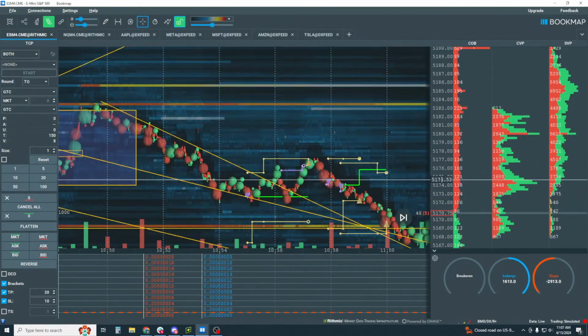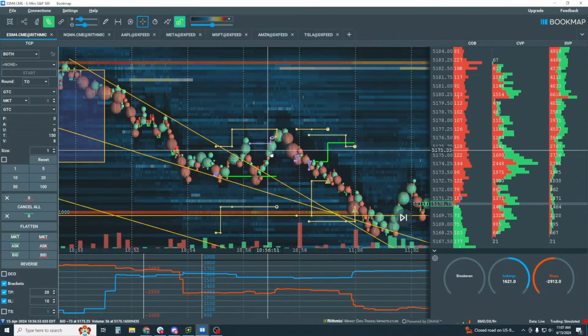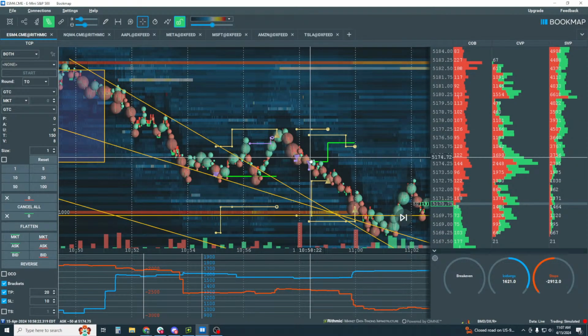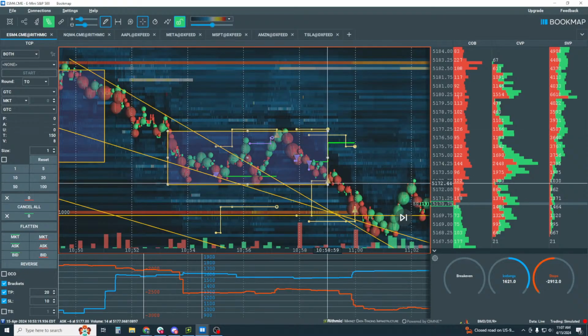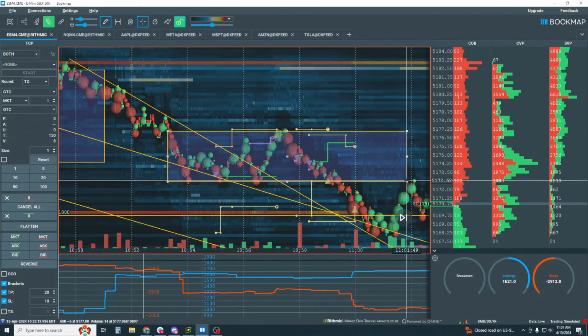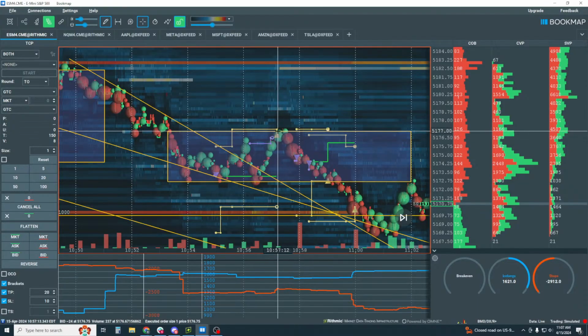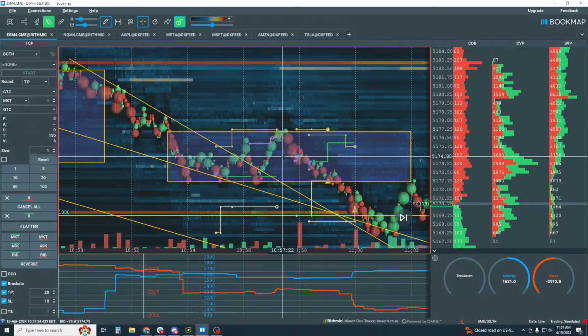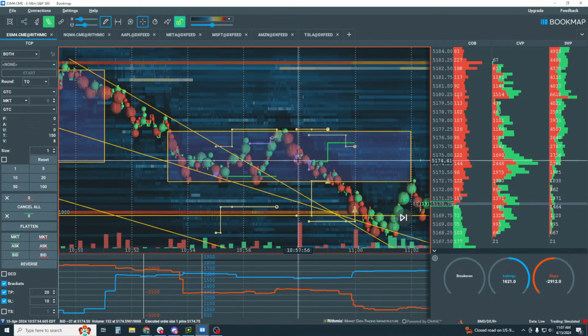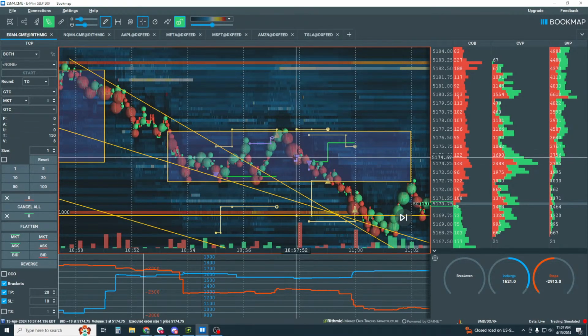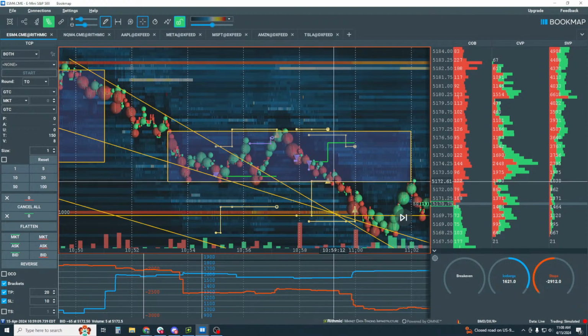Did that make sense to you guys? If you're looking at a value range in here, this is our value range. If we're looking for this to be our range, then it makes sense that if we see a lot of selling coming in, and at this point of control of the range we're seeing more selling below it, then we're looking for sellers to trade to the other side of the range, and then take some off.